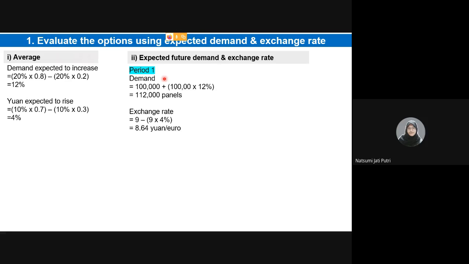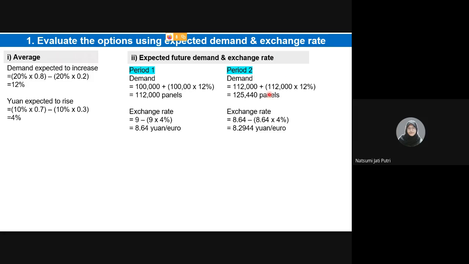So for period 1, the demand is just 100,000 plus 100,000 times 12%, and we got 112,000 panels. And for the exchange rate, we get 9 minus 9 times 4%, and we get 8.64 yuan per euro.